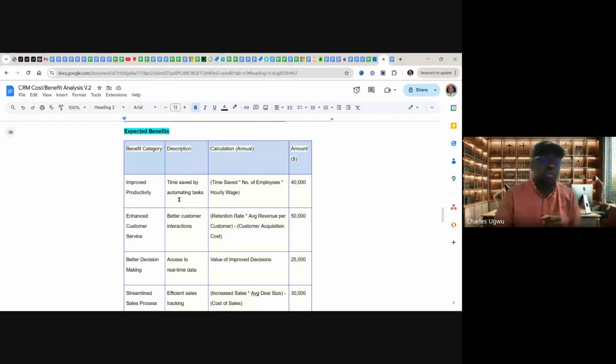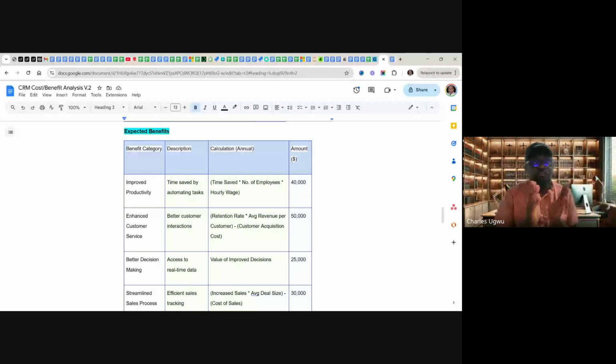How do we determine the improved productivity? You have to find a way to work it out. You see, saved time by automating tickets or automating tasks. Some of the tasks we are going to automate here, we are going to save time.